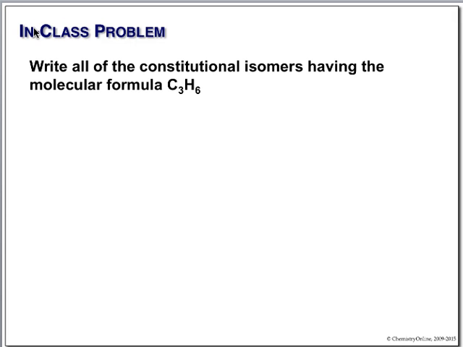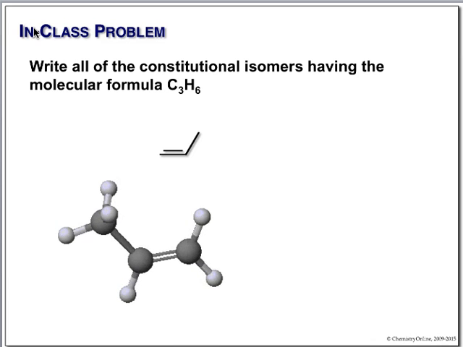Remember, this is Cn, and this is H2n. So we're dealing with an alkene, aren't we? That is a carbon-carbon double bond. Only one way you can make an alkene, and that's like this. 3 carbons, 6 hydrogens.